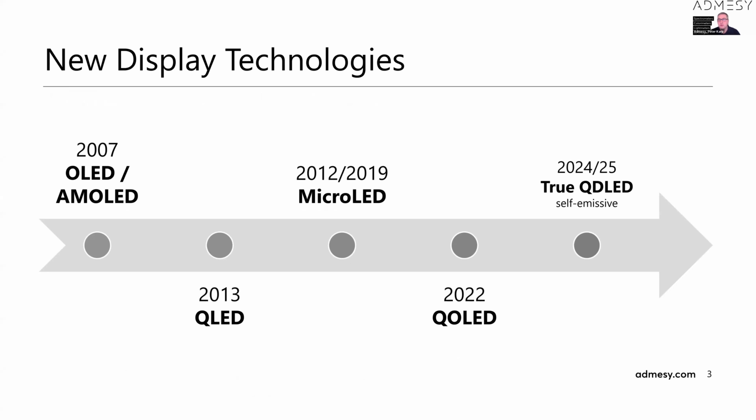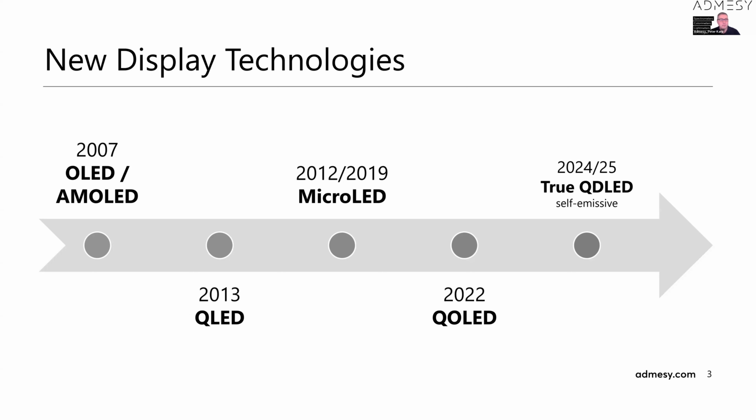So we still use, to a large extent, TFT LCDs. OLED, AMOLED displays are very common now in our smartphones. And since 2013, we had the first introduction of QLED, that means with the quantum dot technology.